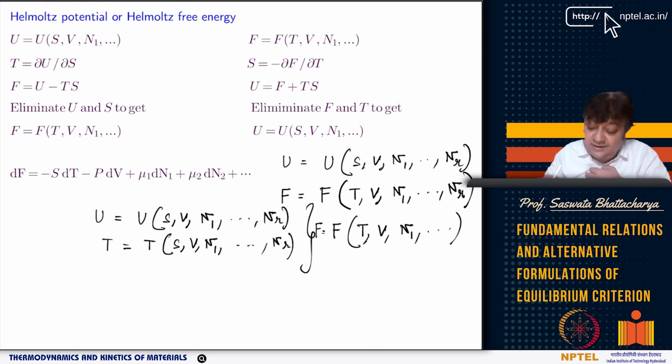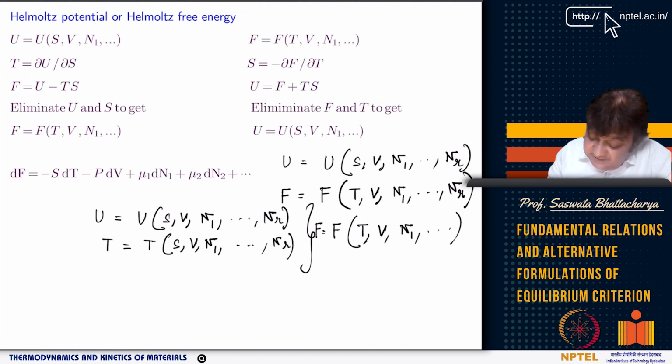Then the system will assume the temperature of the reservoir based on thermal equilibrium, because the reservoir is like an infinite reservoir of temperature. If there is a small change in U in the reservoir, it does not change the temperature of the reservoir. So, according to thermal equilibrium, the system will always assume the temperature of the thermal reservoir that it is in contact with.